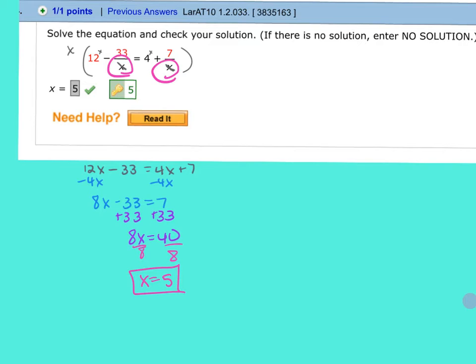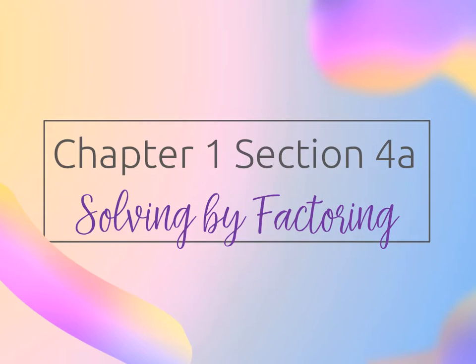All right. Any questions for me before I send you on your way? What I want us to do is get through what we need to get through of 1.4a. So we're going to do 1.4a between two parts between today and tomorrow. 1.4 is solving equations that have x squareds in them. So solving quadratic equations. And we are going to learn several ways to do this.